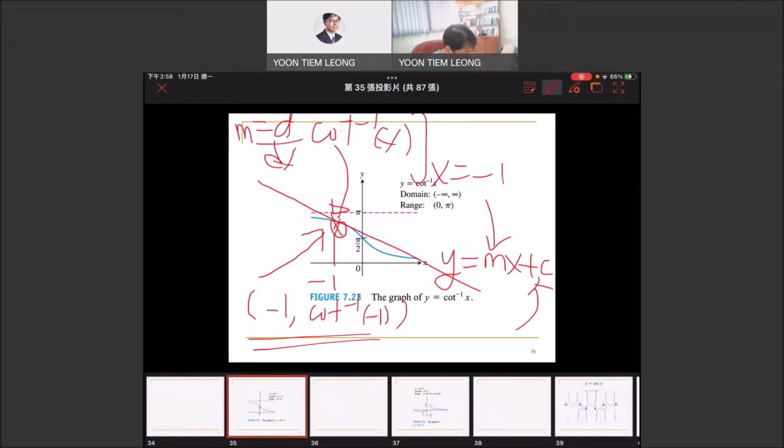So you slot in x equals -1, you slot in y equals arccotangent at -1, then you'll be able to calculate what c is. Now, once the slope m and the intercept c are calculated, that finishes up the question of the tangent line at this point of x equals -1. So that is the answer.